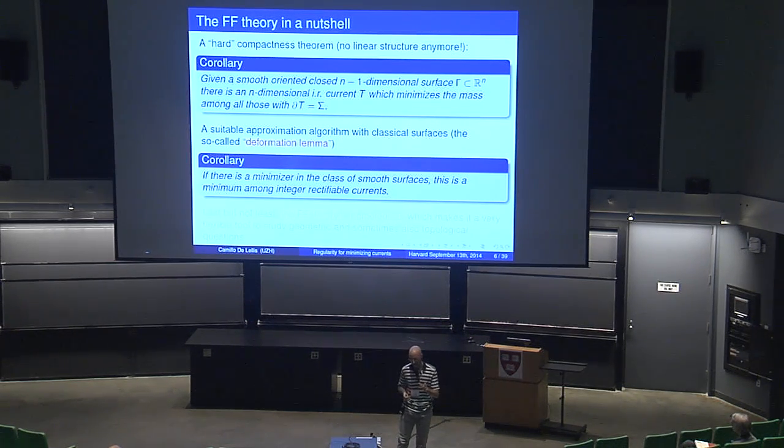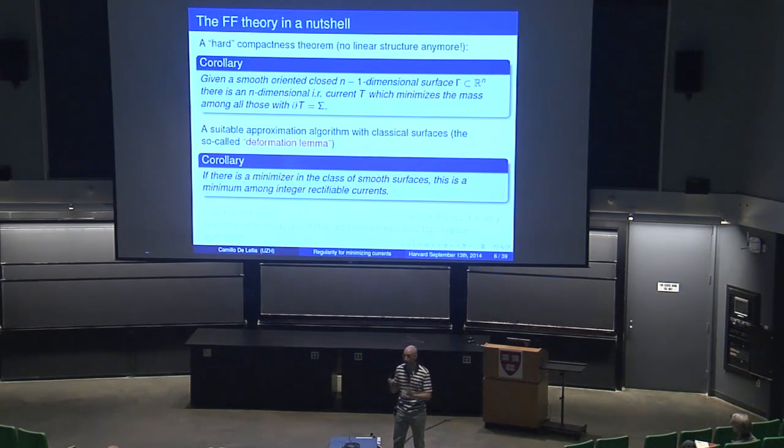I cannot state it to you because it's going to be very technical, but there is one corollary of this deformation lemma. This corollary tells you that if in the class of smooth surfaces you have a minimizer in that particular class, this is going to be a minimizer even in the integer rectifiable class.